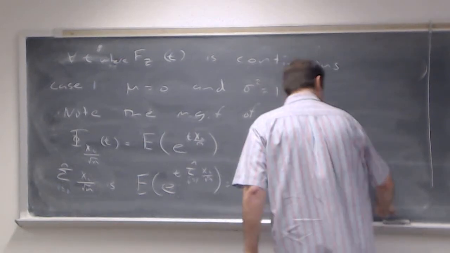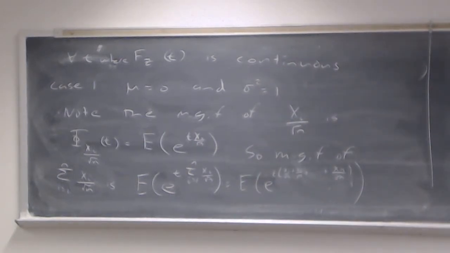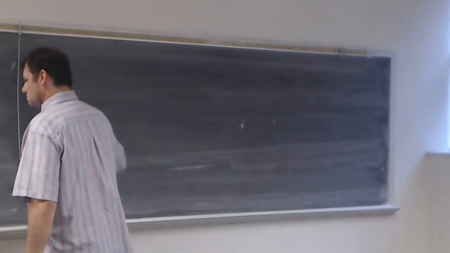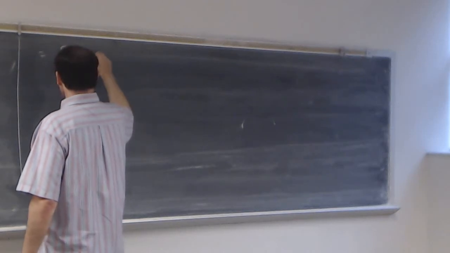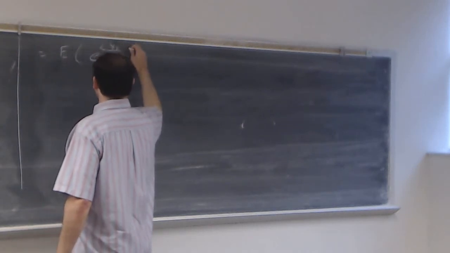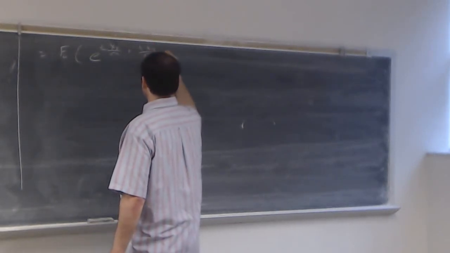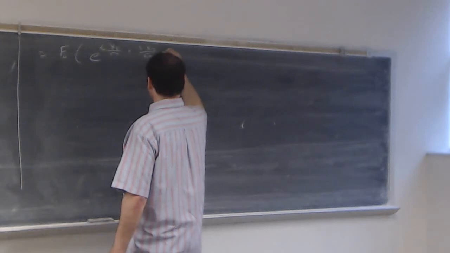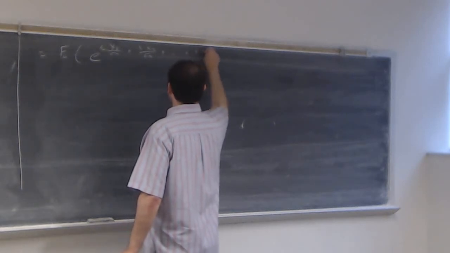And then if I distribute that t, that's equal to the expected value of e to the t X1 over the square root of n, plus t X2 over the square root of n, and we'll keep going, plus t Xn over the square root of n.